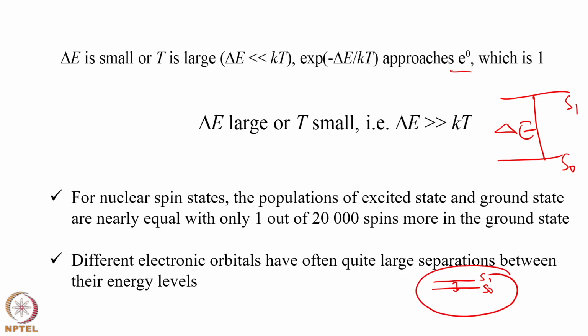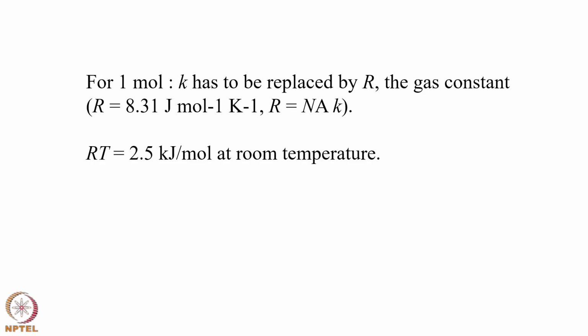So, it is 1 in 20,000, that is the difference between the ground state and excited state. Different electronic orbitals often have a large energy gap. If you look at electronic orbitals, this is the energy gap. Therefore, more particles are going to be in the ground state and comparatively quite few particles in the excited state. So, what is the consequence of this?